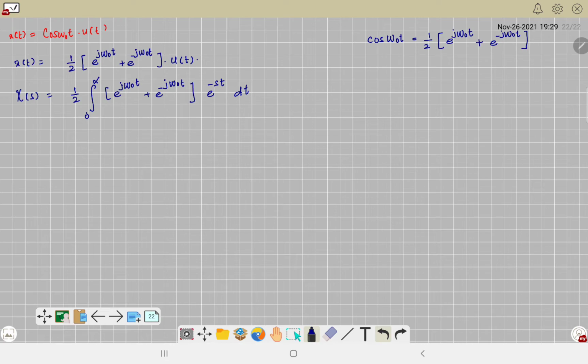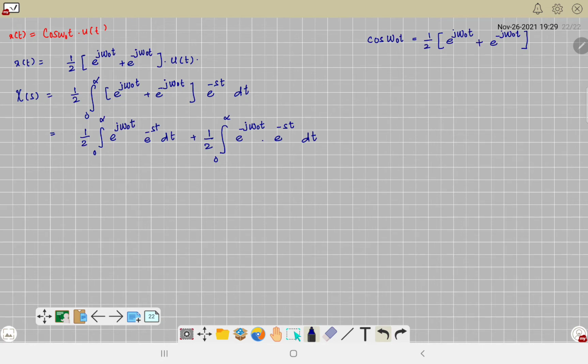Now again, instead of solving this integral, we can separate it into two. 1/2 integral 0 to infinity e raised power j omega naught t e raised power minus st dt. Then the second one will be 1/2 integral 0 to infinity e raised power minus j omega naught t e raised power minus st dt.